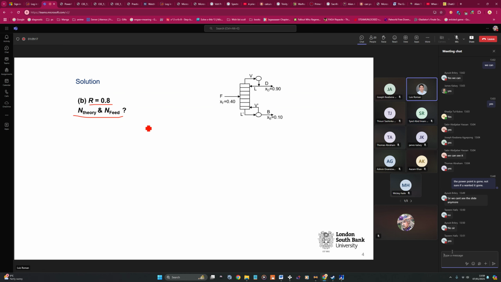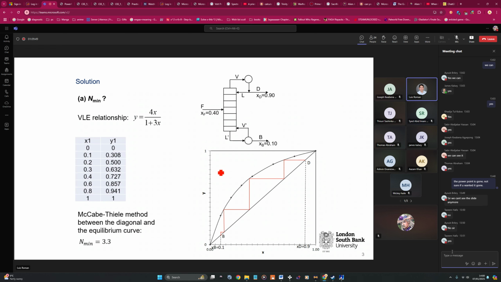And then the next step, well, obviously the next step is to again draw, so what you need is to upload your equilibrium data using the equation that we have. Again, you need to repeat these steps.